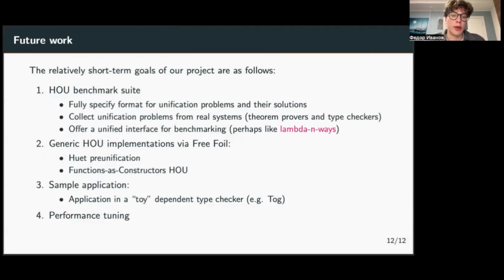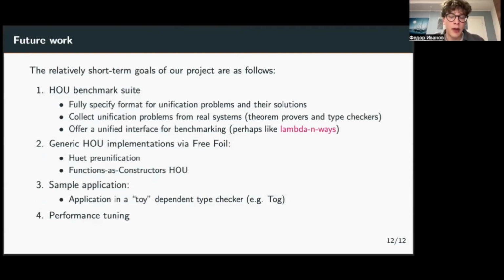Second, we plan to implement at least a generalization of some basic unification algorithms, specifically Huet preunification and Libal and Miller generalization to pattern unification, called functions-as-constructors higher-order pattern unification. Third, we would also like to implement a somewhat useful application that would rely on our generic algorithms. For example, we think a re-implementation of Twelf may be interesting.